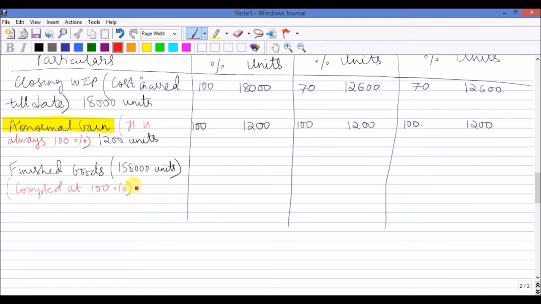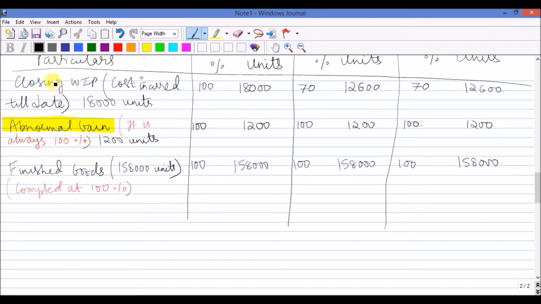In this you don't need to consider the opening work in progress. You need to take the finished goods at 100% in all respects. So 100% of 1,58,000 units is 1,58,000, and again 100% will be 1,58,000 units.